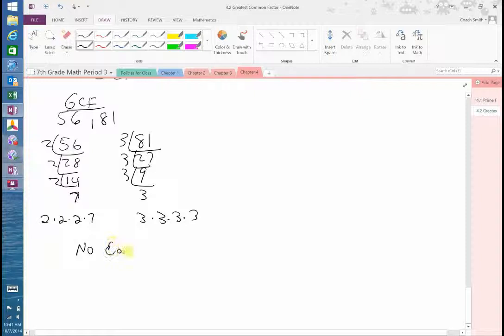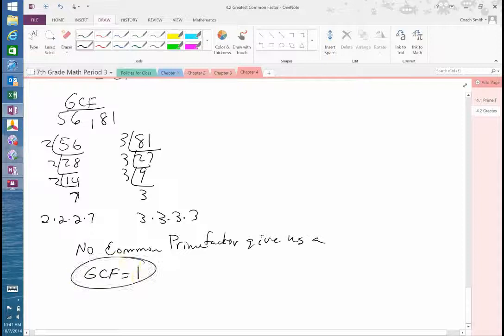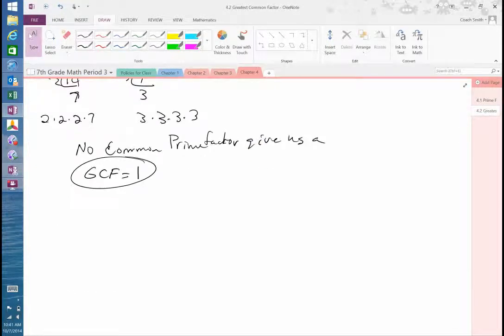No common prime factors gives us a GCF equal to 1. Okay?